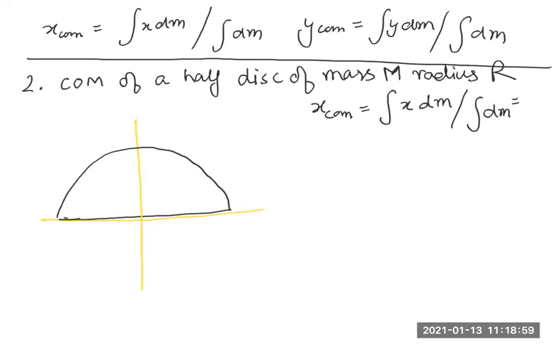So I don't even need to carry this out because, like we discussed, if an object is symmetrical and uniform, and it is symmetrical about the y-axis, then the x-coordinate of center of mass will be 0. And if it is symmetrical about the x-axis, then the y-coordinate of center of mass will be 0.